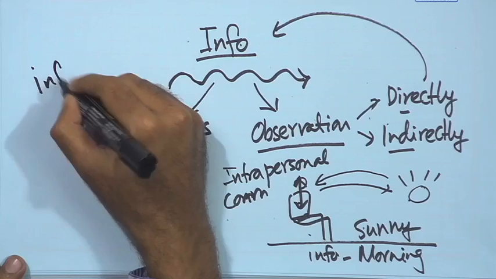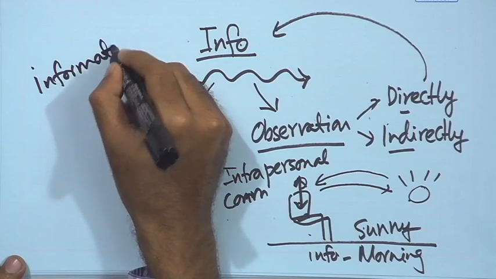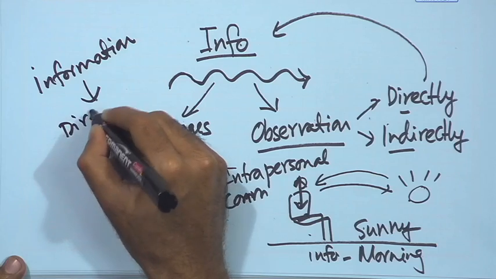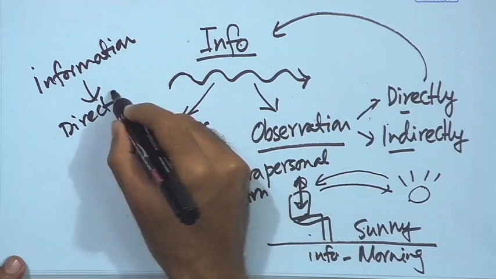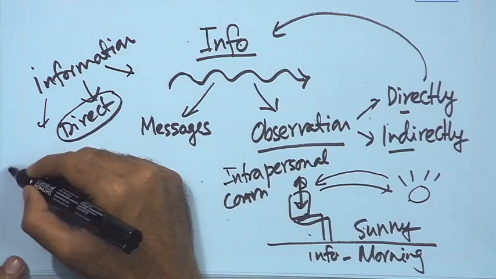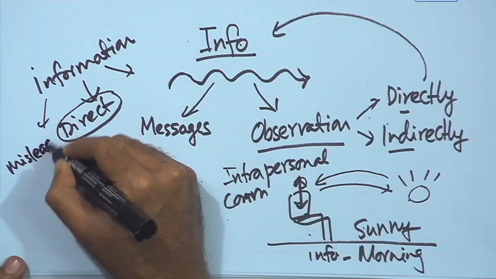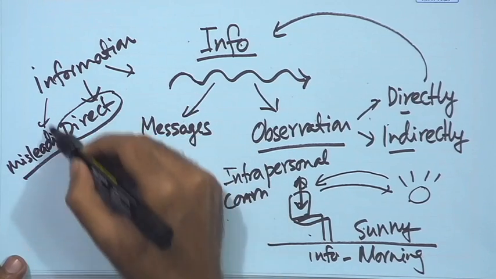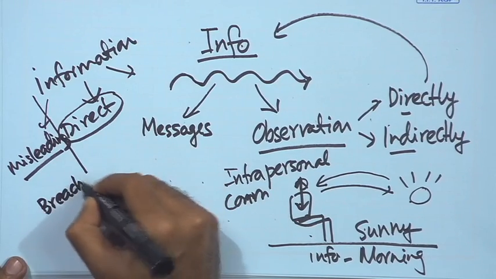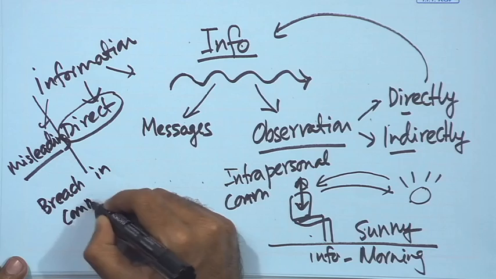It is trying to help us in pinpointing a particular solution. So information is direct or tries to reduce the uncertainty. If it is indirect, information is misleading, that creates a breach in communication. So there would be a breach in communication.